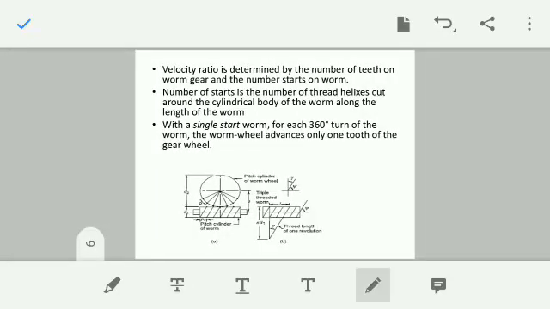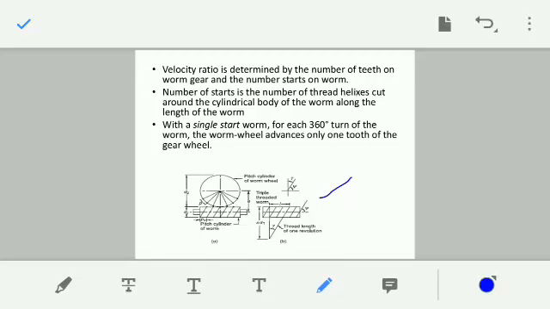So here you can see it is a triple threaded shaft or worm. In this triple threaded shaft, your lead is shown here on the third line. If this is the first line, the second line will be here: first, second, third.